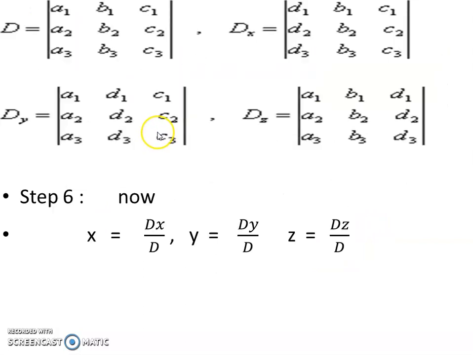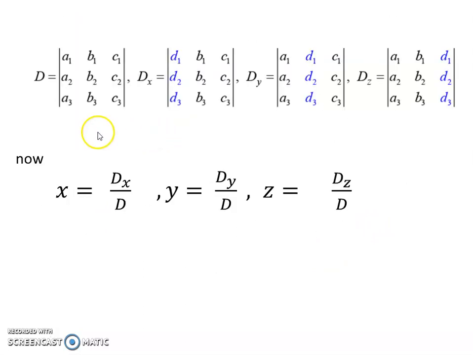So throughout this procedure we understand this. Once again, d is equal to a1 a2 a3 b1 b2 b3 c1 c2 c3, but dx is d1 d2 d3 b1 b2 b3 c1 c2 c3, dy is a1 a2 a3 remaining the same, d1 d2 d3 c1 c2 c3, and dz is a1 a2 a3 b1 b2 b3 and d1 d2 d3.